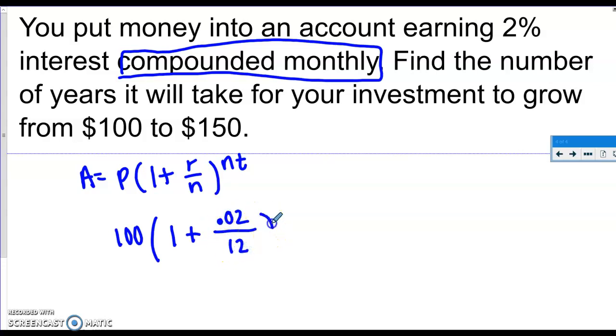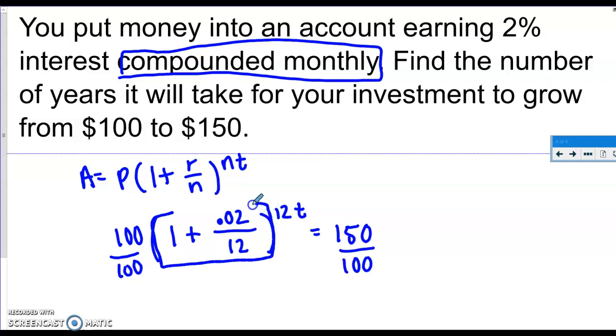Monthly means 12 times a year. And my final amount. All right, so again, I'm going to have to divide by 100. And I am going to go ahead and clean this up. I'm going to simplify that. But again, I'm going to hit math enter enter because I don't want to round that too much.